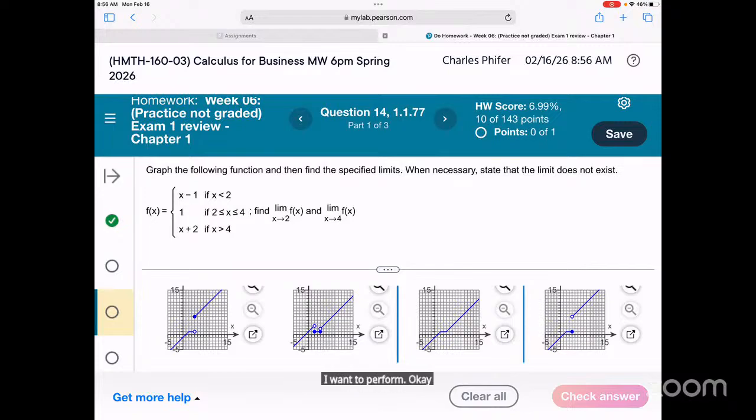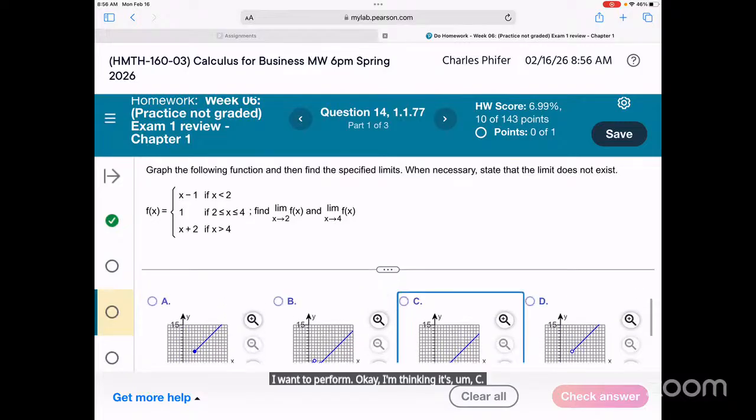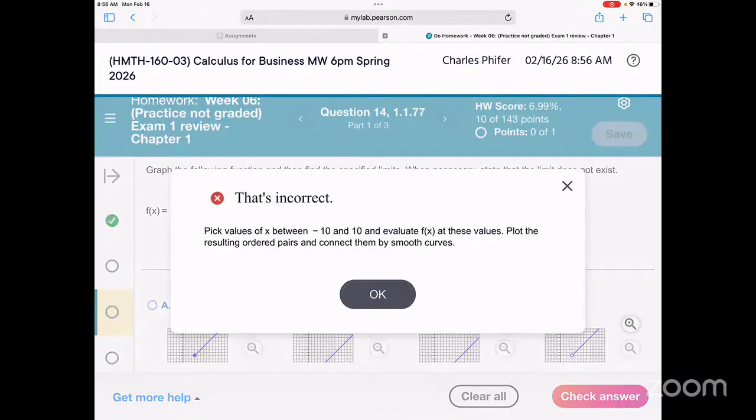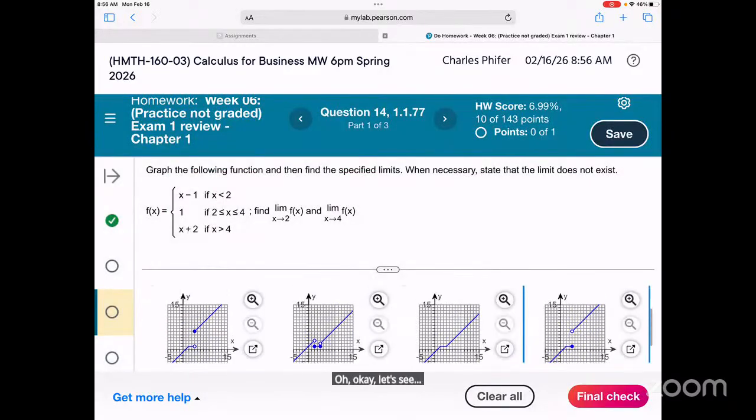I'm thinking it's C. Oh, okay, let's see. All right. So that would have been a 1. They should be connected. Oh, yeah. From 2 to 4 it needs to be a flat line. It needs to be 1.